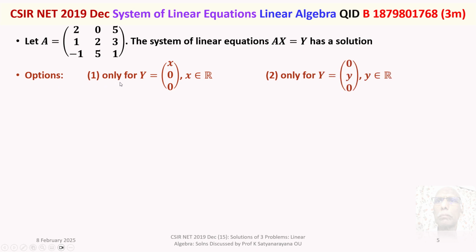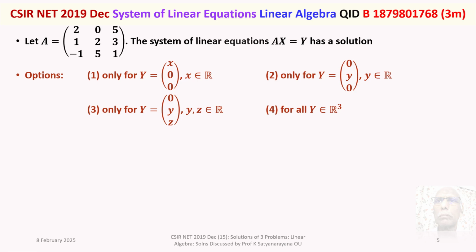Option 1, only for y equal to the column vector (x, 0, 0), x belongs to R. Option 2, only for y equal to the column vector (0, y, 0), y belongs to R. Option 3, only for y equal to the column vector (0, y, z), y, z belong to R. Option 4, for all y belongs to R cube, for all column vectors y belongs to R cube.